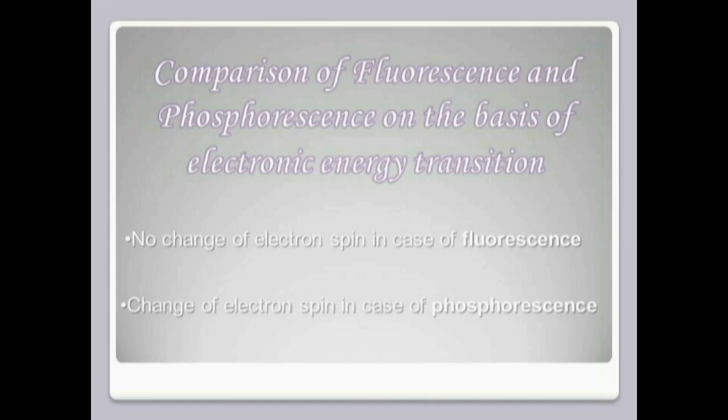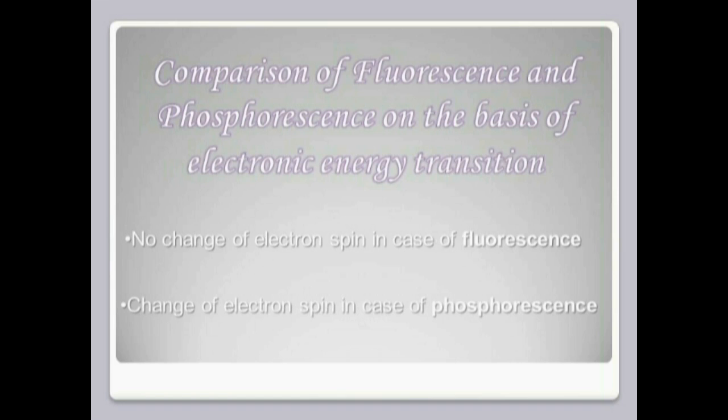Now the comparison of fluorescence and phosphorescence on the basis of electronic energy transition. I have already told you about the terms fluorescence and phosphorescence, so we can easily compare these two terms.